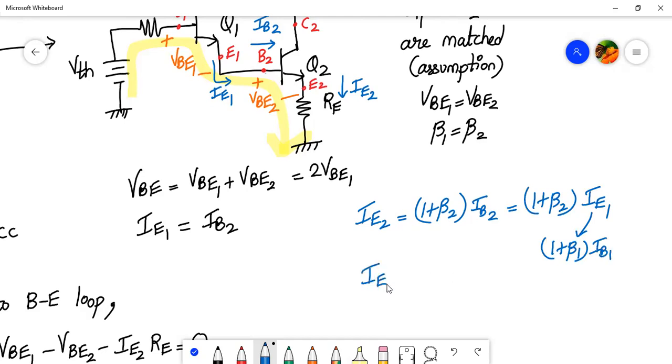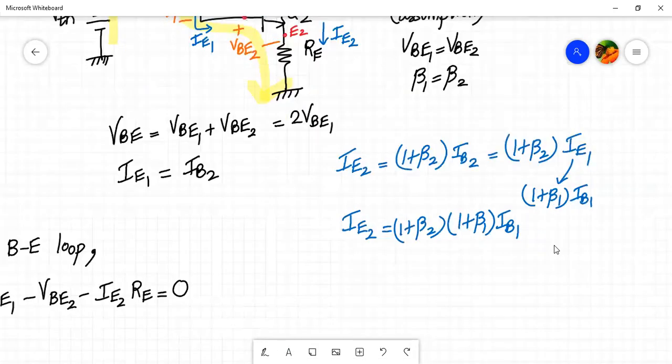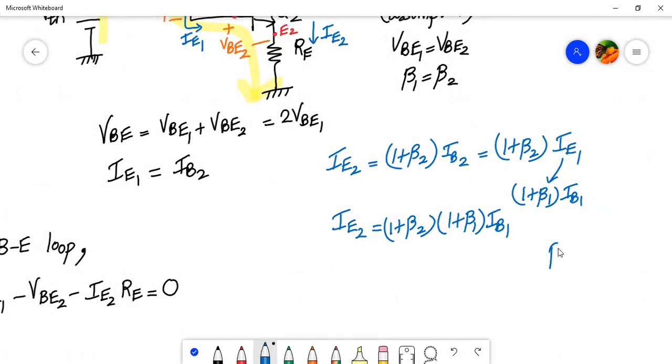So I can write IE2 is equal to 1 plus beta 2 into 1 plus beta 1 times IB1. All right. And since beta is very much larger as compared to 1, your 1 plus beta can be approximated as beta. So I can write IE2 approximately as beta 1 into beta 2 times IB1.